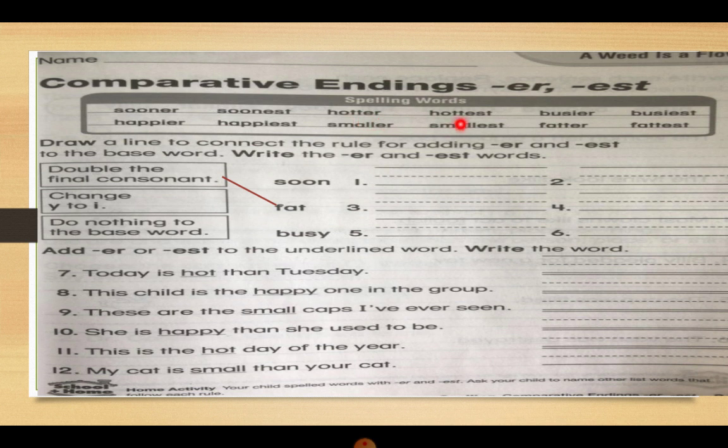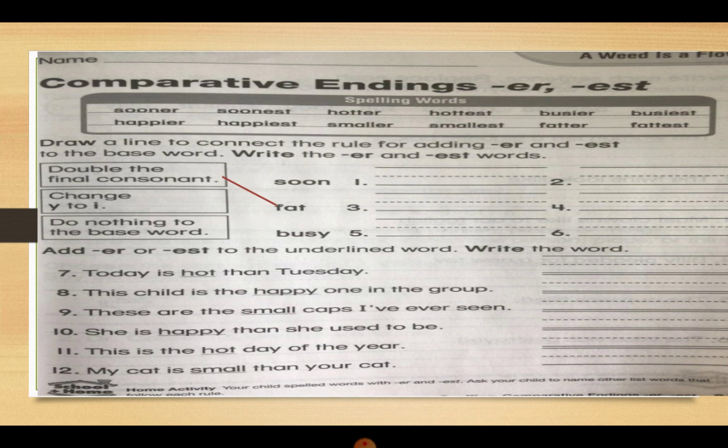Hotter, hottest. Smaller, smallest. Busier, busiest. Fatter, fattest. Draw a line to connect the rule for adding ER and EST to the base word. Then write ER and EST words.